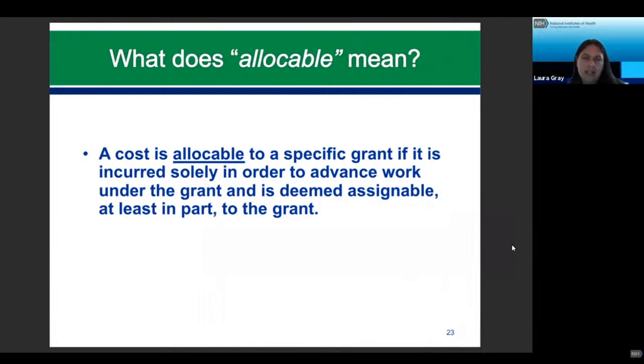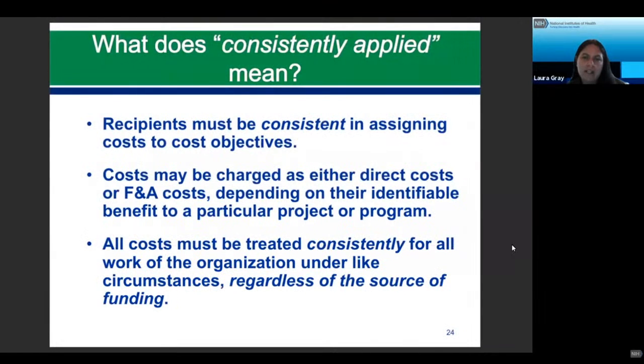So the next slide talks about consistently applied. For that test, you have to consider costs incurred for the same purpose in like circumstances. So for example, Appendix 3 of 45 CFR Part 75 details that office supplies must normally be treated as F&A or indirect costs.